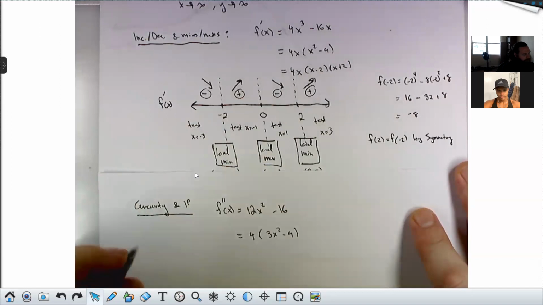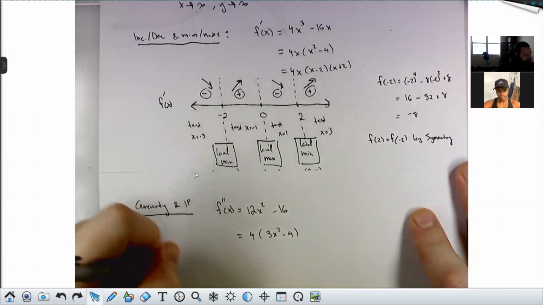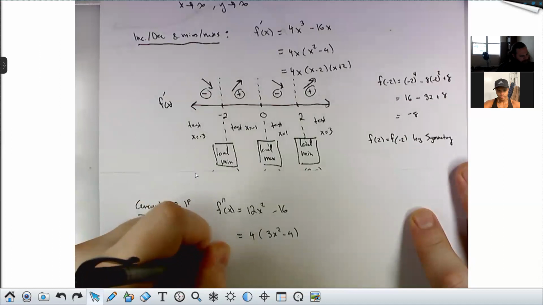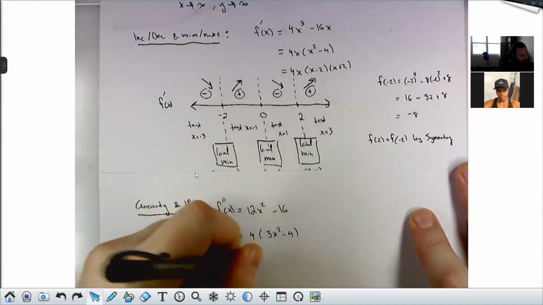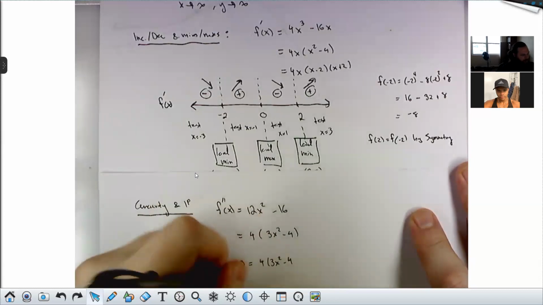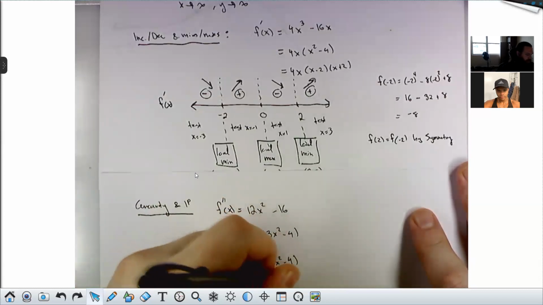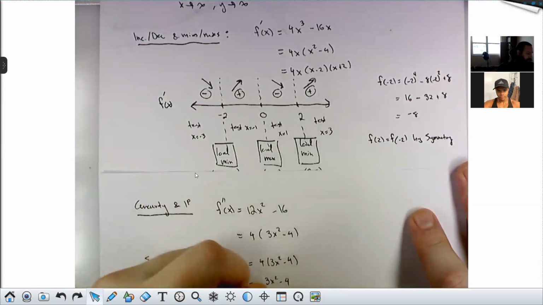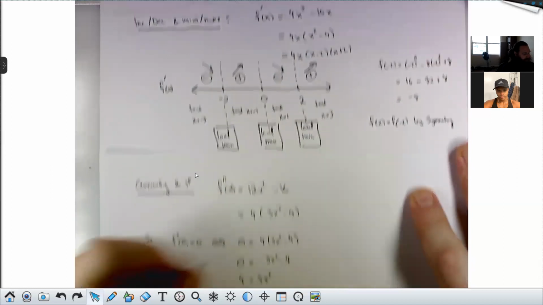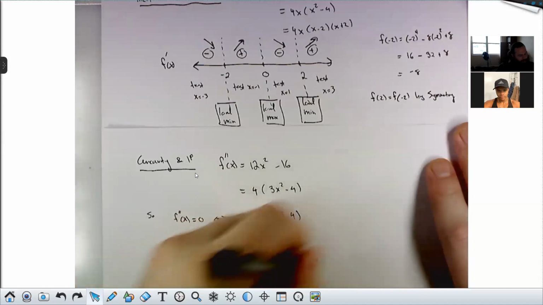So f double prime will be equal to 0 if this is equal to 0. You divide over the 4, you just get 3x squared minus 4 here. So that's the same as saying 4 is equal to 3x squared, or 4/3 is equal to x squared.